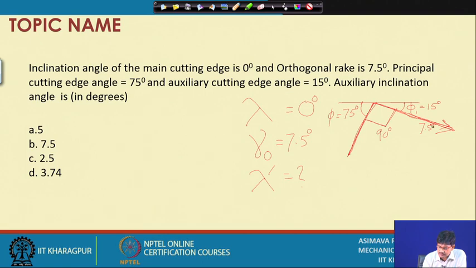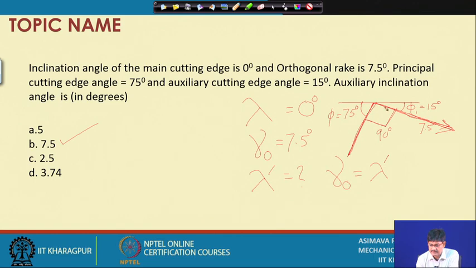So, if that be so, orthogonal rake must be equal to lambda dash, and hence auxiliary inclination angle or lambda dash is equal to 7.5. I will just repeat, lambda is given to be 0 degrees. So, along this direction it is 0 degrees. Gamma O is equal to 7.5 degrees.